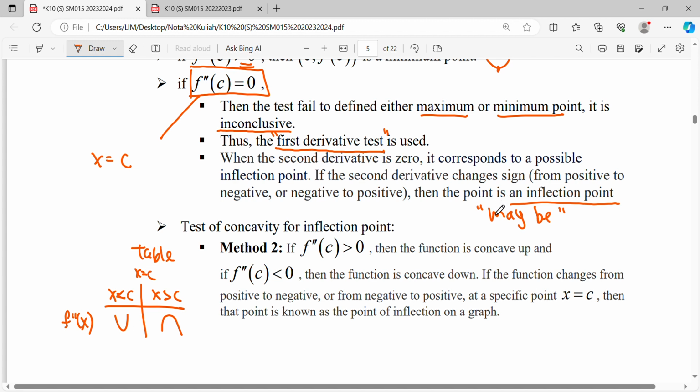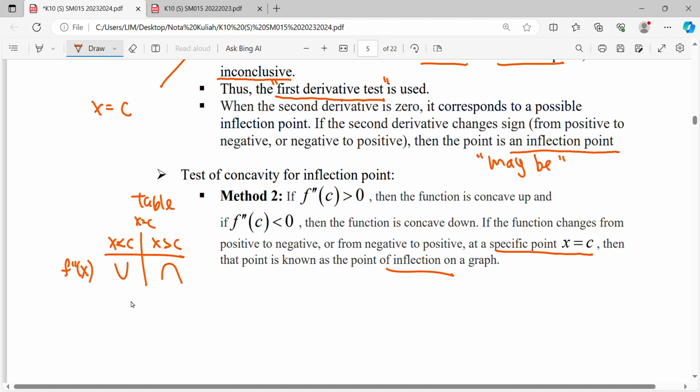If there is a concavity change, then the specific point is our inflection point. The concavity might change from downward to upward, or from upward to downward. So this is the use of the second derivative test.